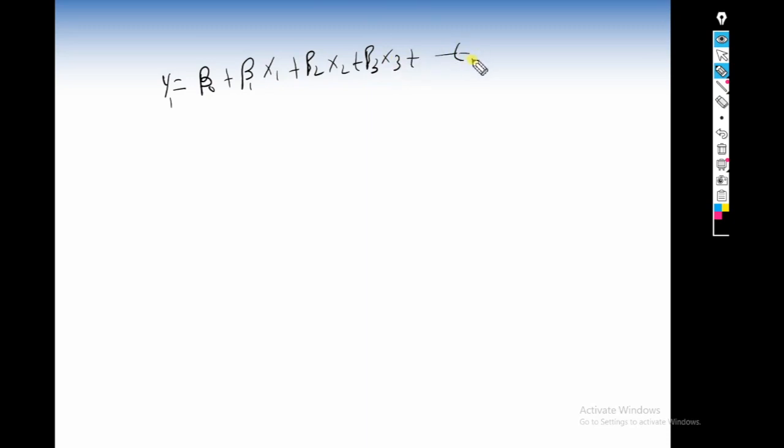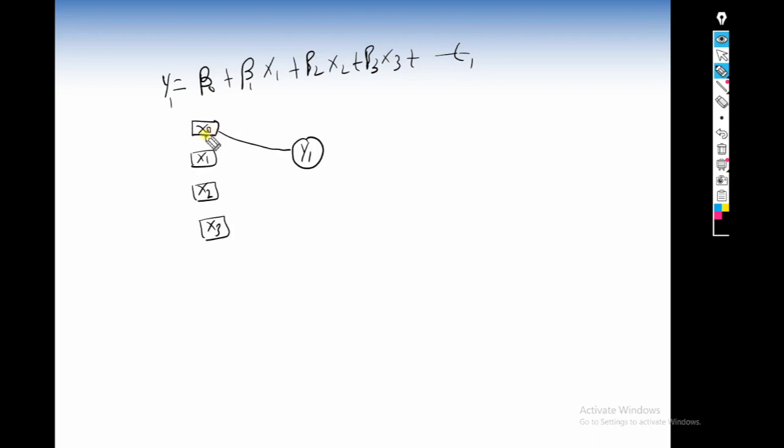Now we can write this equation like a path diagram. Here is y1, and these are the variables x0, x1, x2, x3. These are the independent variables.